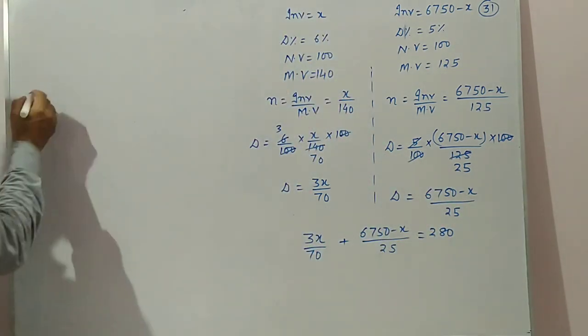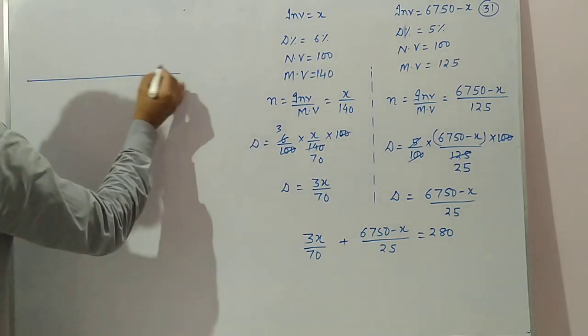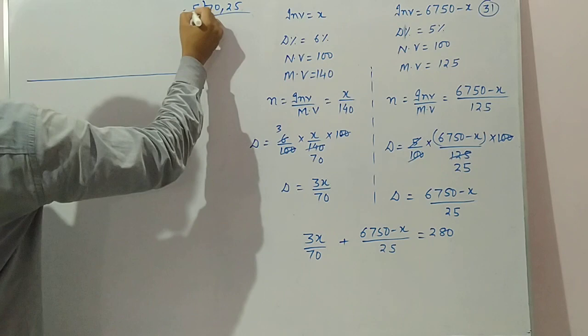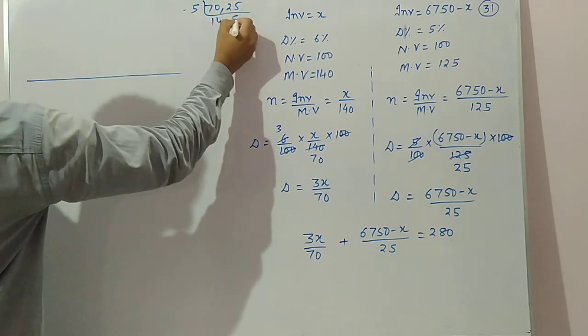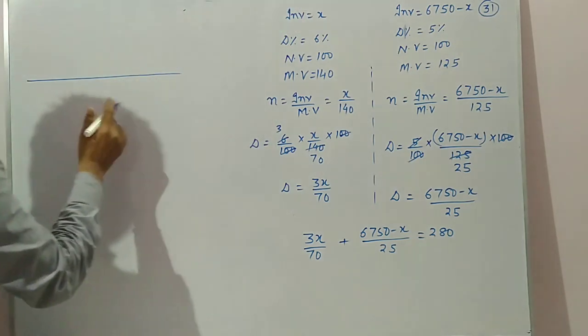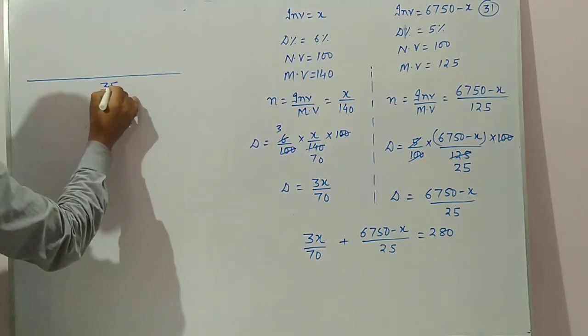Then we will take the LCM. LCM, that is of 70 and 25, that is 5, 14, 5, 5, 350. LCM we are getting 350.